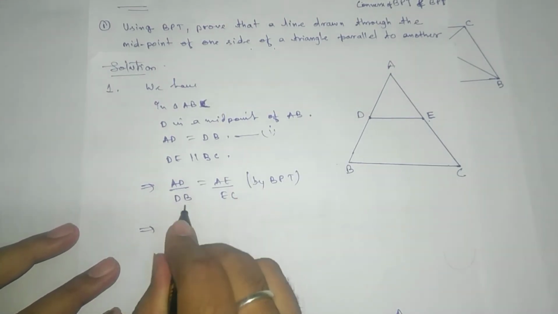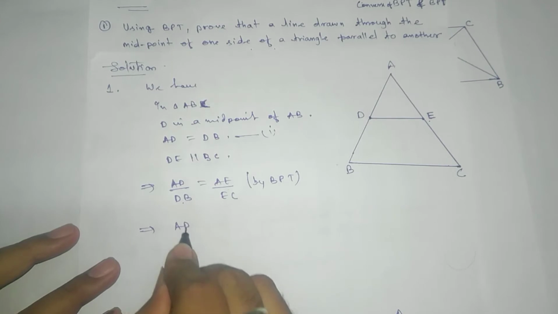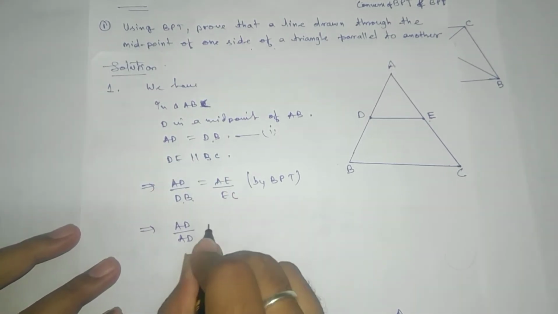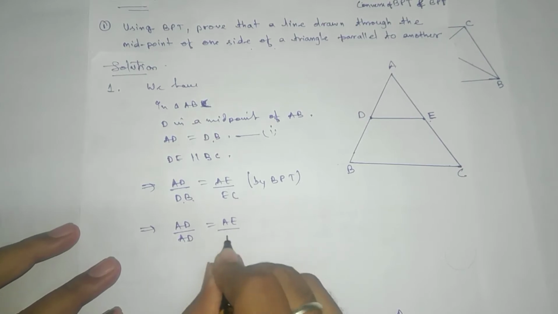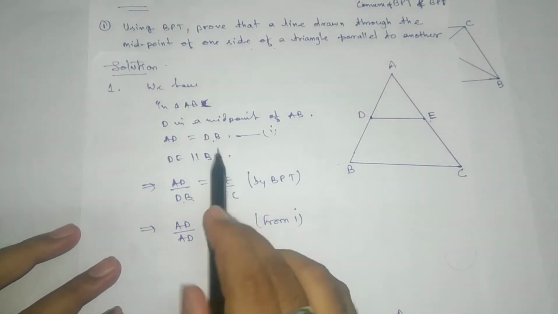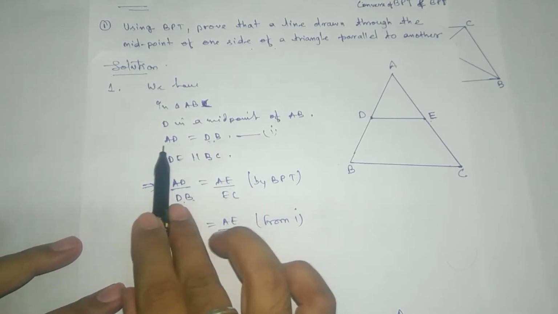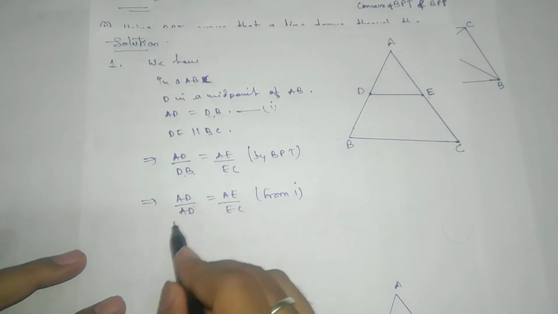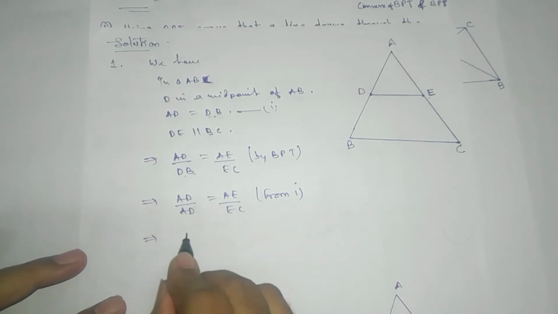So AD by DB. Instead of DB, we can write here AD. Why? Because both are equal here. So we'll mention here from 1, you can see that DB equals AD as D is the midpoint. Now AD cancel. We'll get here 1.